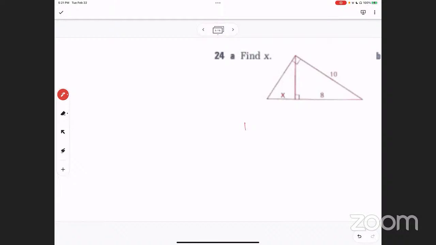Okay, so tell me what to write. It would be 10 squared equals 8 times x. Not just x. 8 times x plus 8, because the full side is x plus 8.